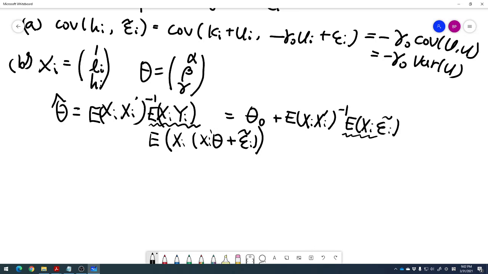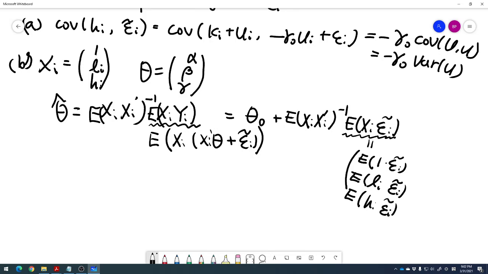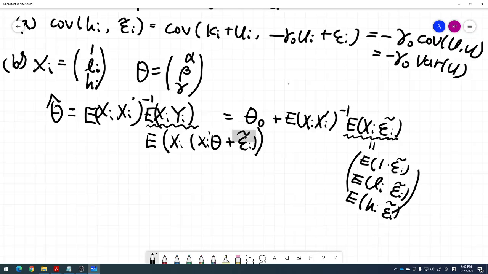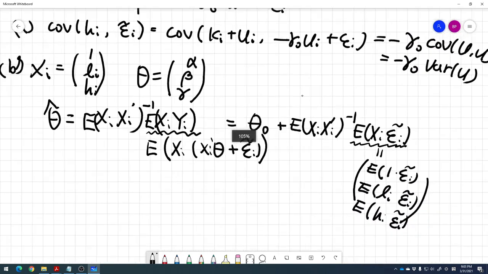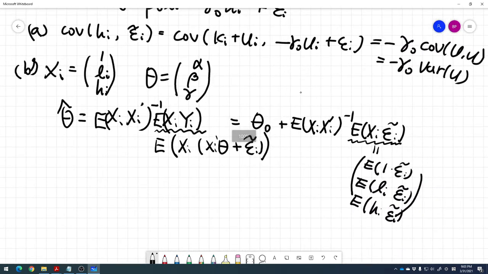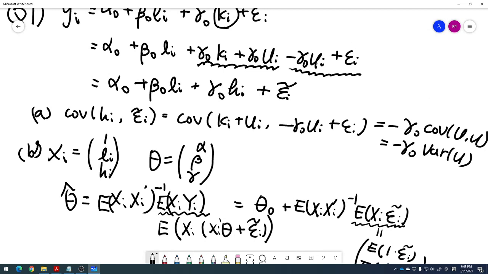And so this is not a problem again. So it's a 3 by 1 vector: expectation of 1 times epsilon i tilde, expectation of labor and epsilon, and expectation of h and epsilon i tilde. And we know that epsilon tilde is defined in terms of u and epsilon.